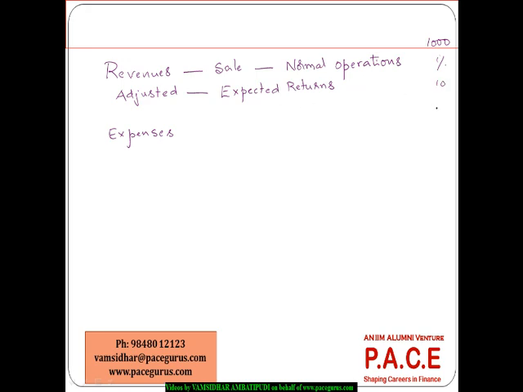Which means my revenue will not be for 1,000 cars which I have sold. I am adjusting it with 1%, which is an estimate that I am making, adjusting it at 1% of the vehicles that can typically come back, and finally reporting the net revenue. Instead of showing the gross revenue, generally I can show a net revenue which is adjusted based on the expected returns of the goods and services that I am selling.